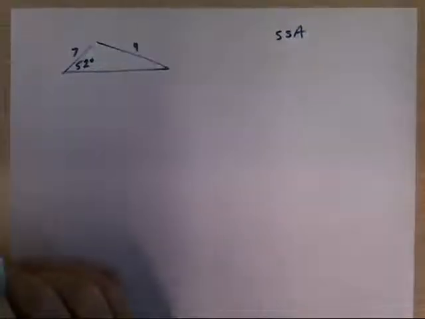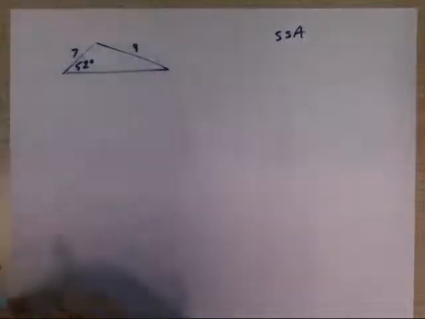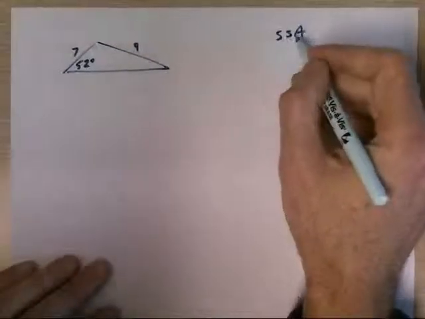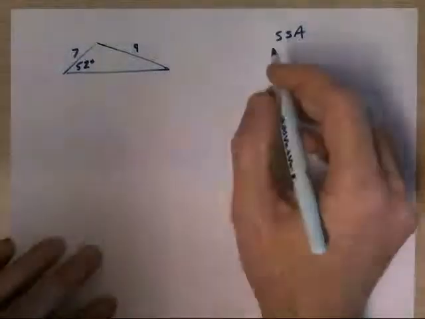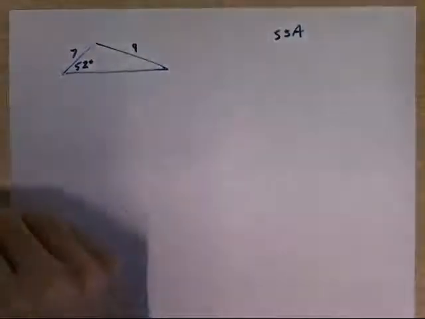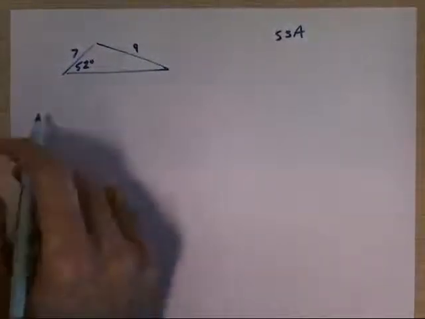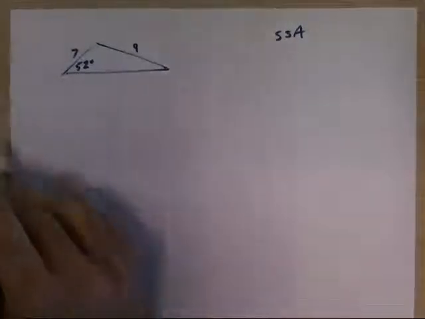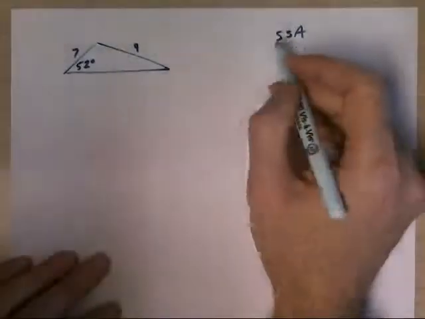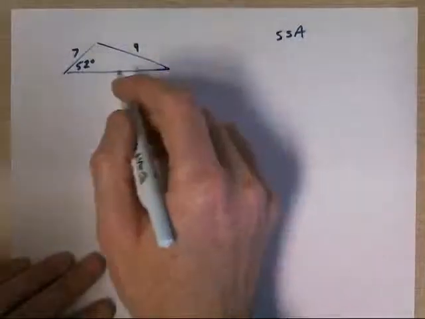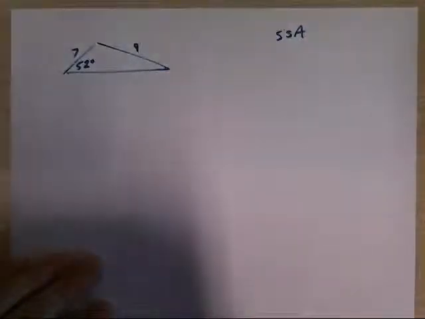It turns out there is not a congruence theorem for side side angle, and in the next video we're going to look at the side side angle in more detail. In this one, it turns out there is a unique triangle.